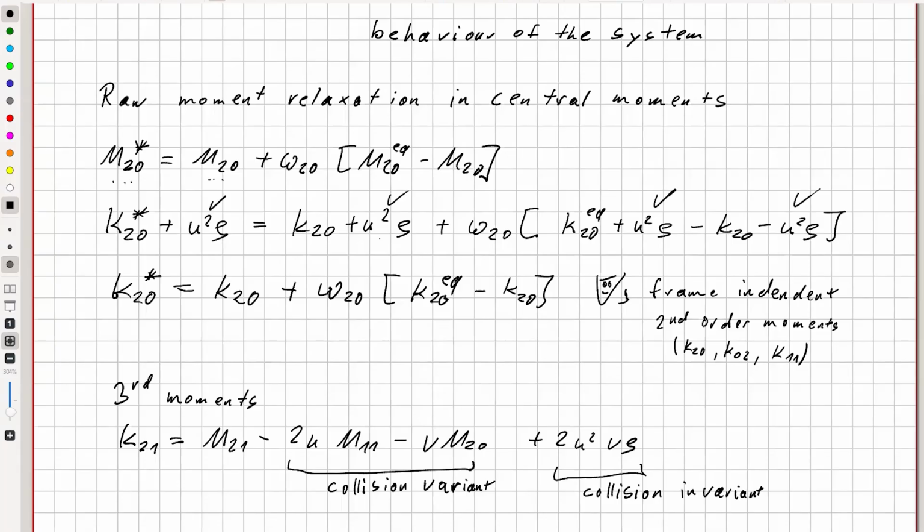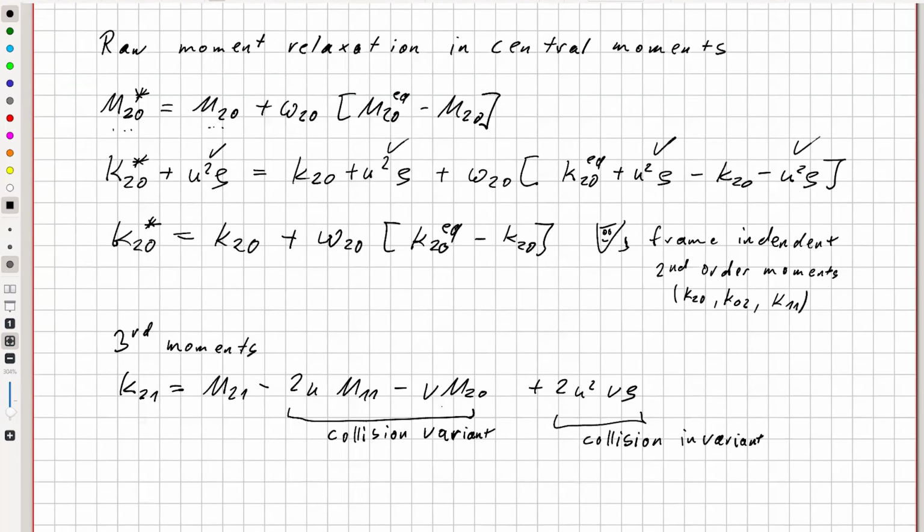Now, because we want to express this moment completely in terms of central moments, we also have to replace this and this, right? So let us remind, we have M11 is K11 plus UV rho, and we have M20 is equal to K20 plus U square rho.